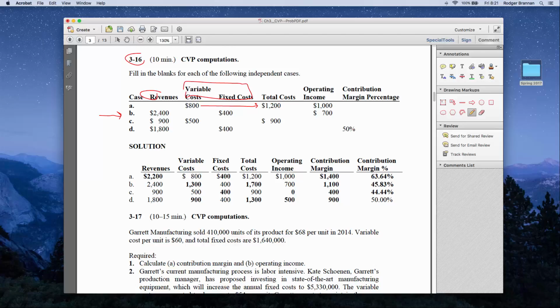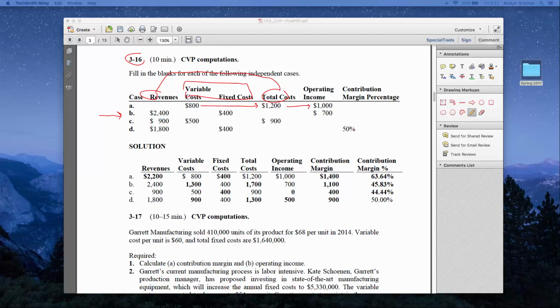Likewise, going back to the basic formula, total revenues minus total cost equal income. So if I know these two elements here, it means that my total revenues must be equal to $2,200.